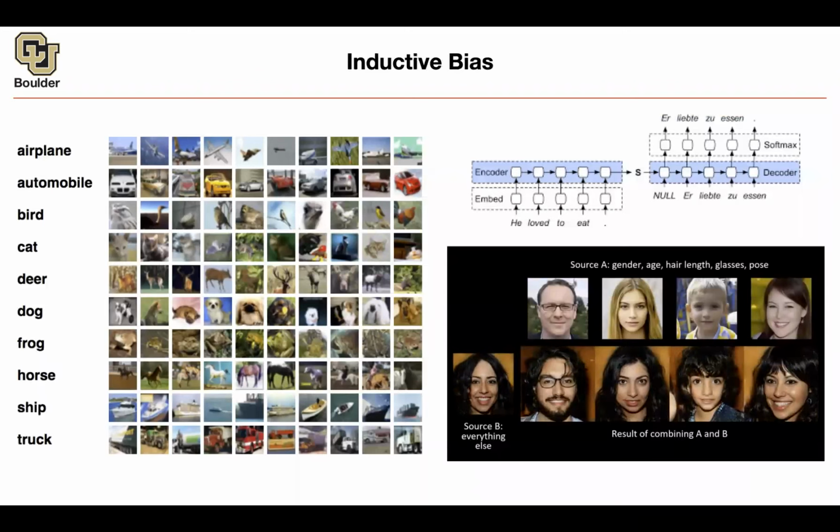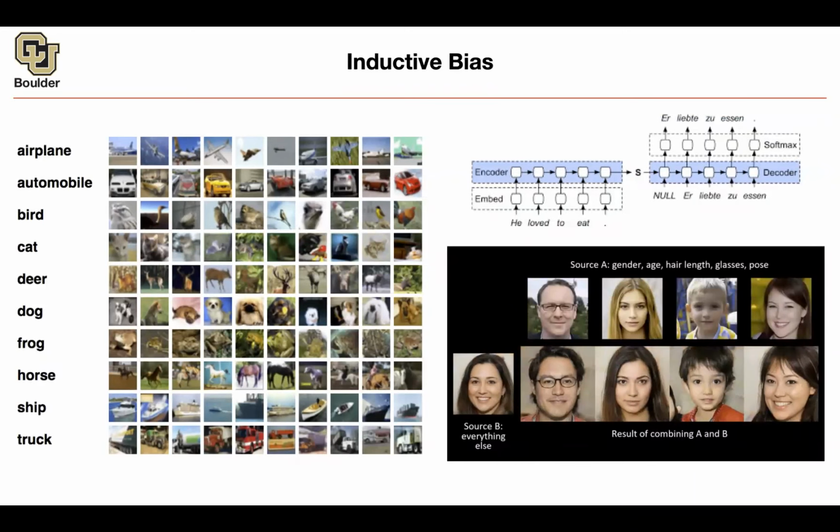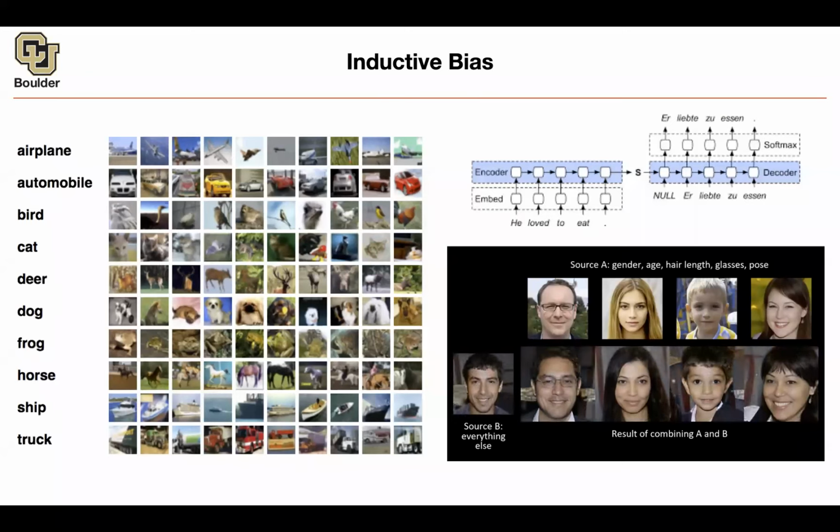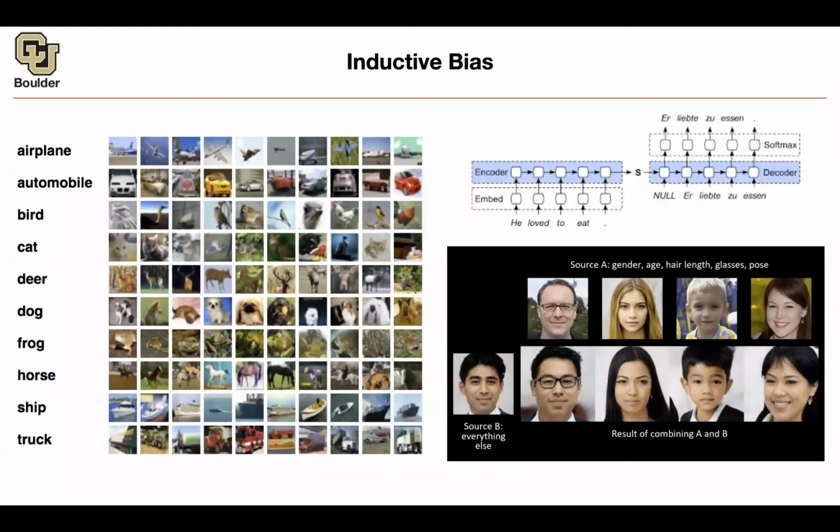What I'm not going to be talking about today is convolutional neural networks and images. It's not about language, and it's not about generative adversarial neural networks. But why am I including this slide here? The reason is there is physics even in our images. There is inductive bias.